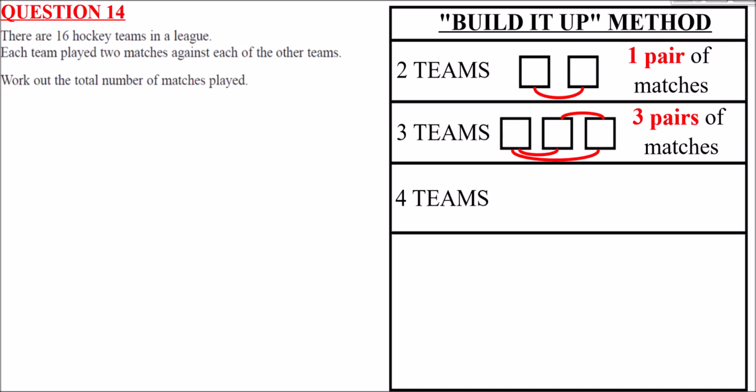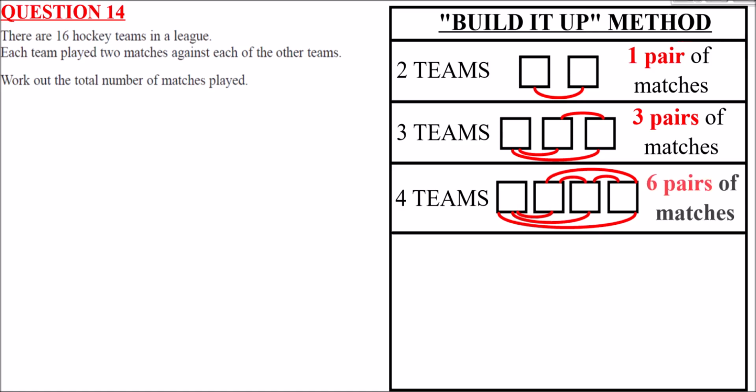So if you have 4 teams in a group stage, the first team plays the other 3, 1, 2, 3. Then that second team's already played the first team, so that team has to play 3 and 4, so 3 plus this other 2. And finally, there's another one along the top as well. So in total, that's going to be 6 pairs of matches.